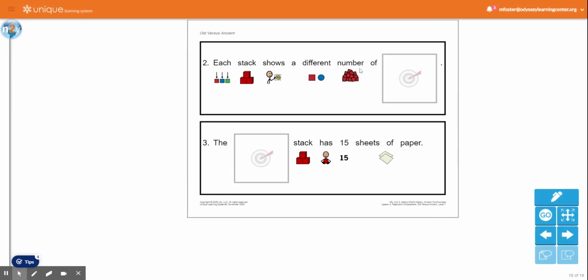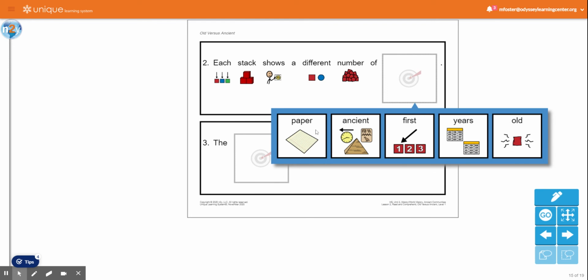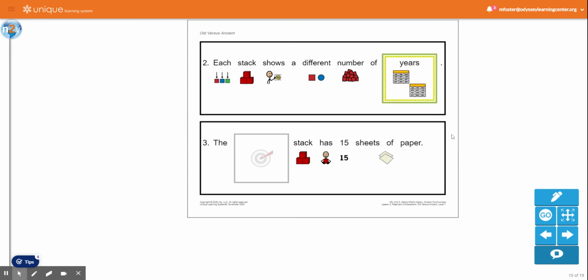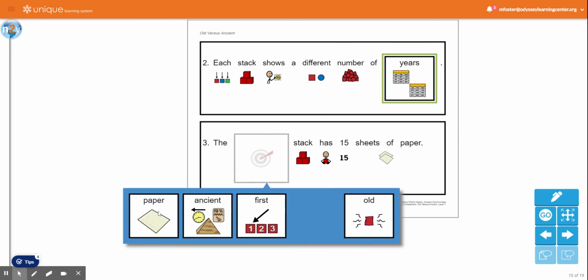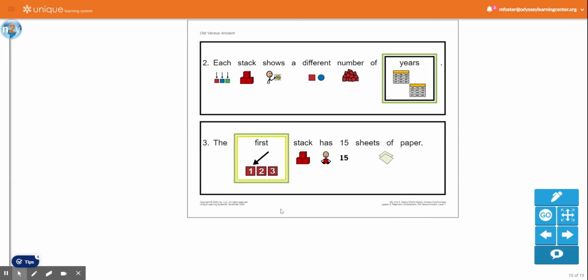Each stack shows a different number of years. The first stack has 15 sheets of paper.